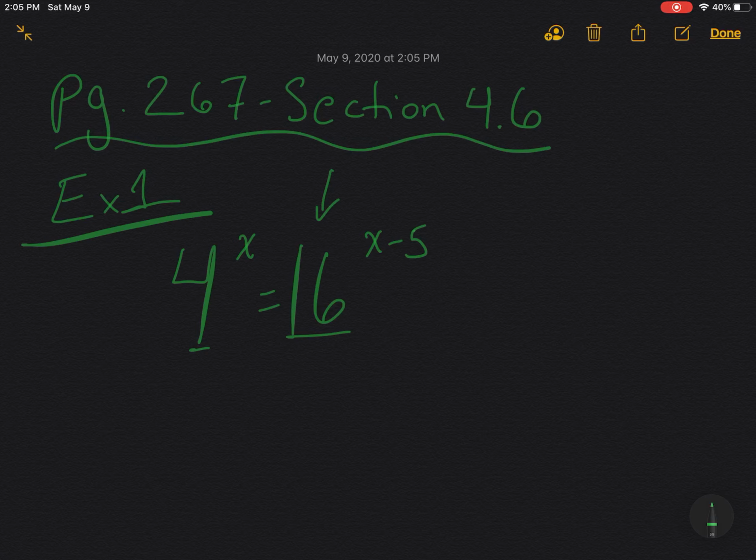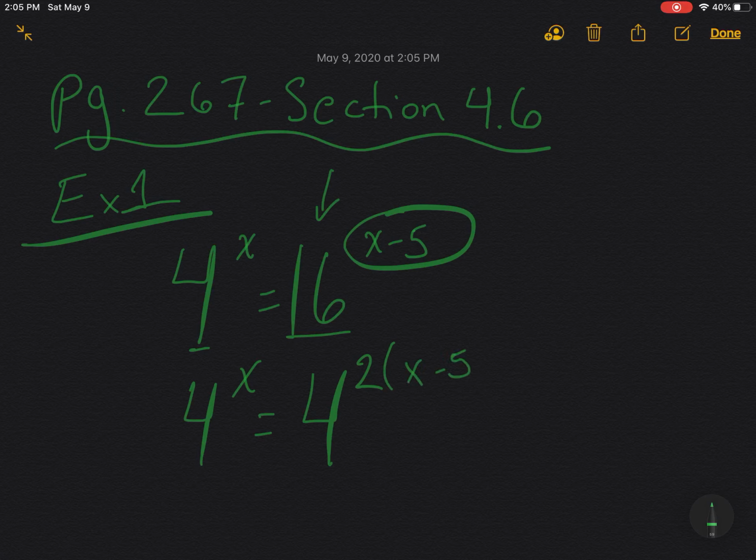We're going to change that to be 4 to the second power, because using this property, you have to make these bases the same. Okay, so I changed 16 to be 4 squared, but then this has to come down as well. So I will bring that down in a parentheses next to that too.